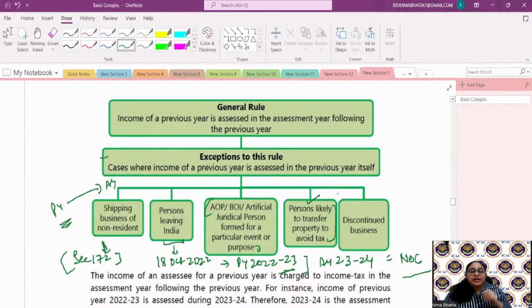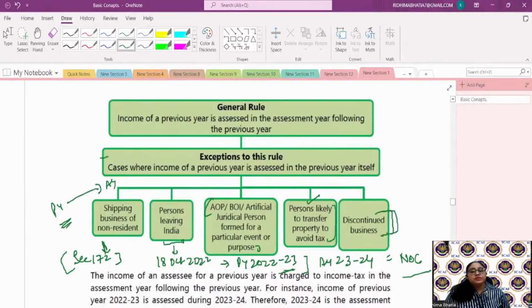So suppose a person is already going through a lot of cases in ED or in CBI, and one of his properties is still untouched. It is not being forfeited by the department, but you think he will sell it out. So you levy the tax in the same year when he's selling it out to make sure that you get the tax amount. When I say you, I mean the department.